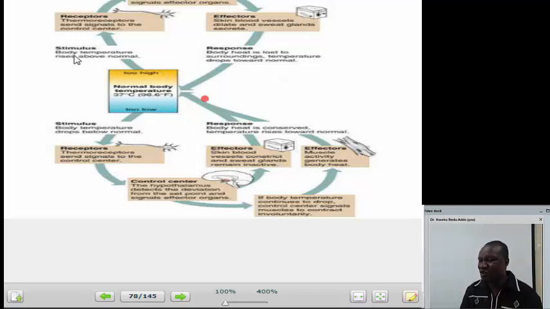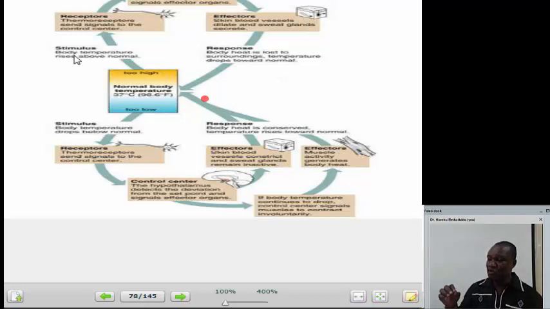Now, these thermoreceptors are temperature receptors. When they detect the change in body temperature, the information is relayed via sensory neurons to the integrating center. In this case, the hypothalamus of the brain, where we have the temperature regulating center.